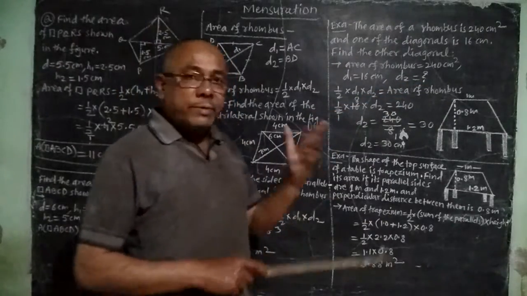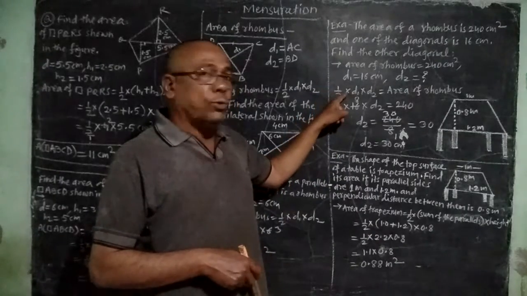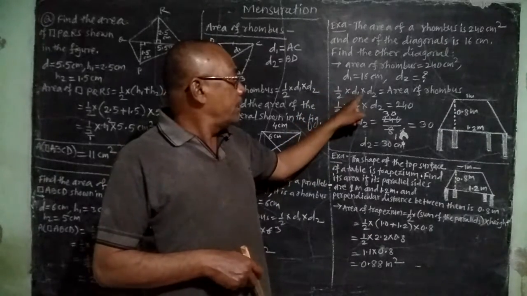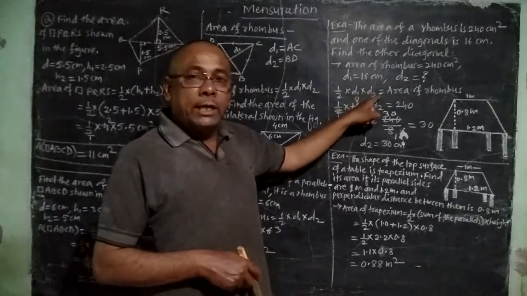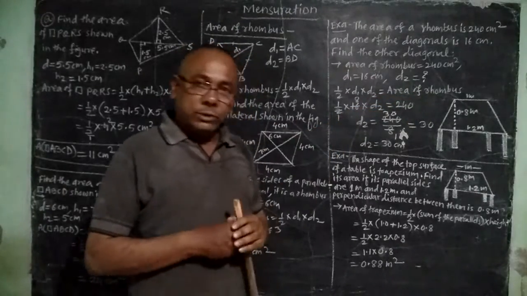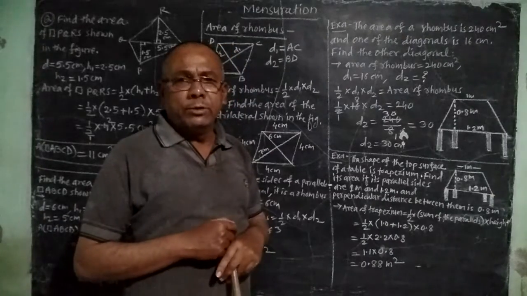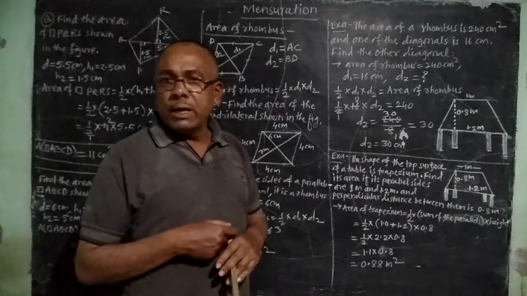And now we will write the formula, that is 1/2 into D1 into D2, and that is equal to the area of the rhombus. Now we will substitute the corresponding values in the given formula.